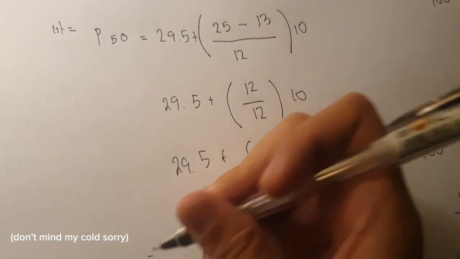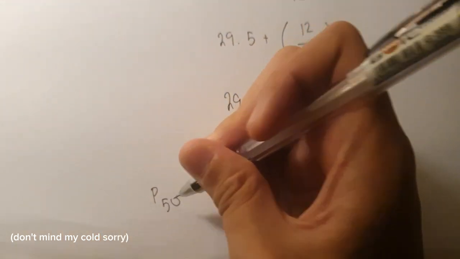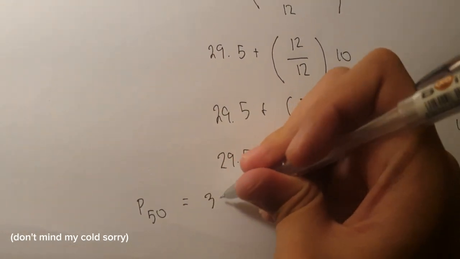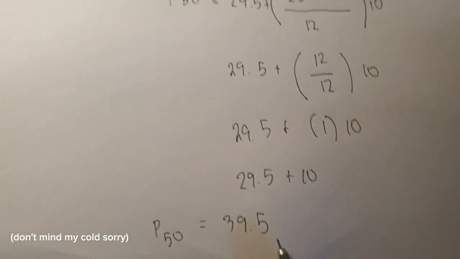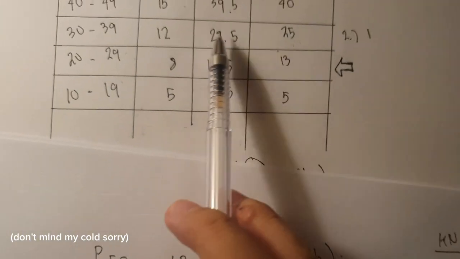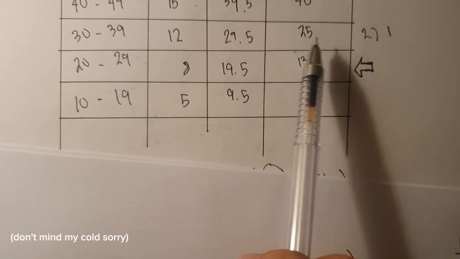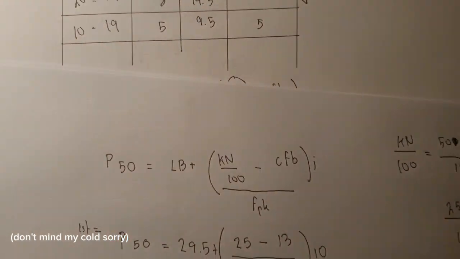We get P50 equals 39.5. We can see that 39.5 falls directly into the class interval of the table that we based on, which is 30 to 39. So it is proved.